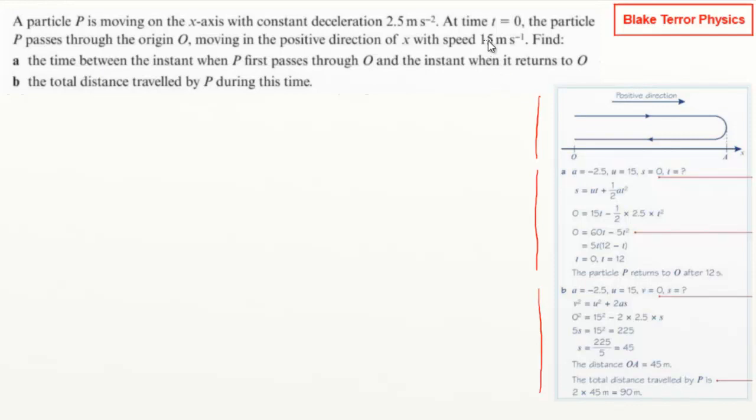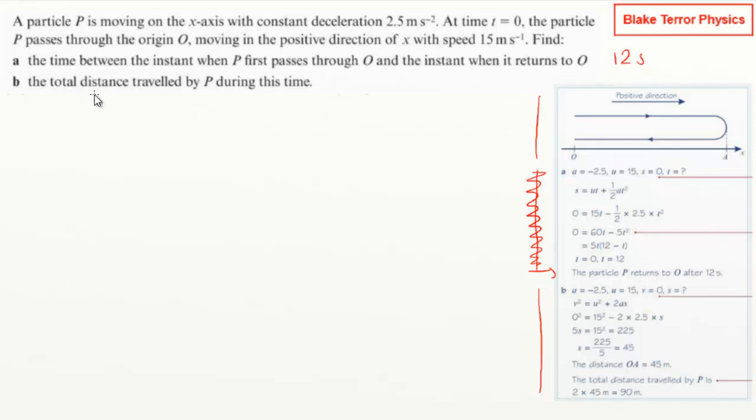We're going at 15 meters per second and reducing by 2.5 meters per second every second. So that's going to take 6 seconds to hit 0, and then it's the same on the way back. So straight off, we know that's 12 seconds. Now they've done all of this working out using SUVAT to get 12 seconds for something that you can just state pretty much.